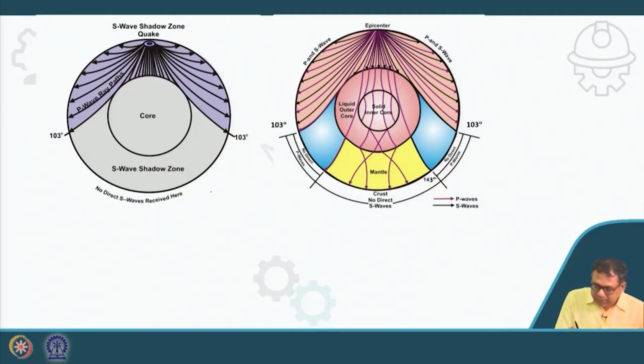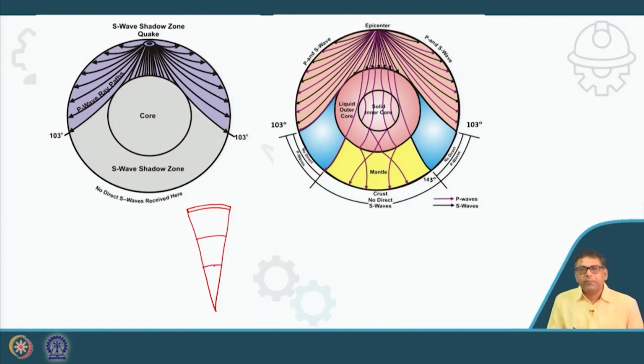So now this is our earth crust, and then we can go up to the inner core. This is the crust, then the crust and mantle boundary, the mantle and outer core boundary, and this is our inner core. This is crust, mantle, outer core, and inner core.